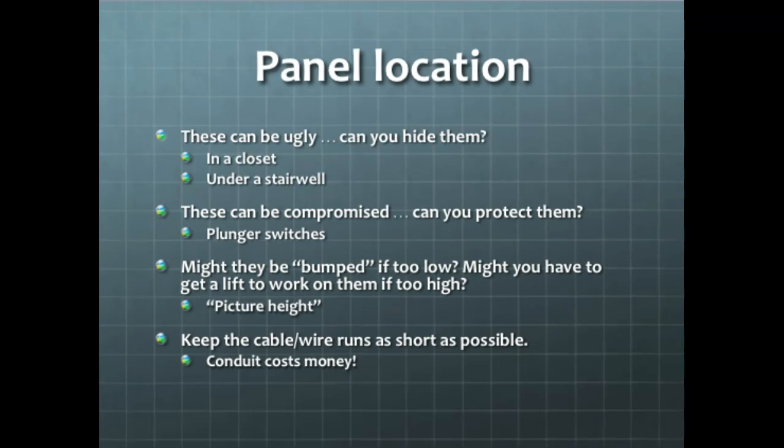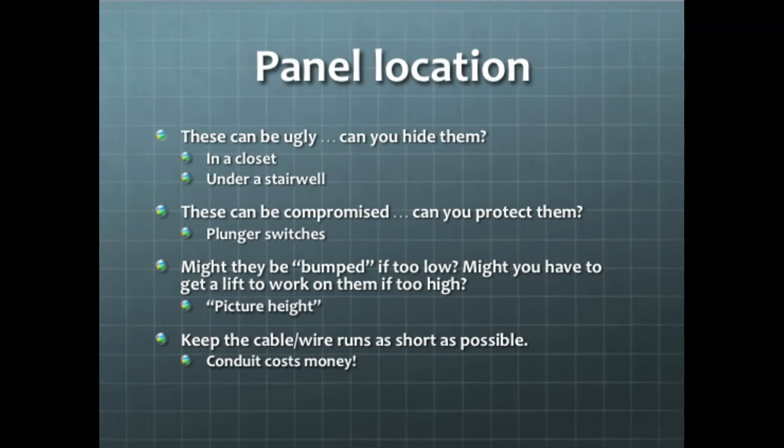So realistically, if you hang it at picture height, when you hang a picture on the wall, you want to look at the center of the picture with your eyes generally, right? And if you can do that, you're generally in pretty good shape. There is no ADA requirement for the height of a panel because it is not a general device, right? It's a restricted device, but picture height is always best.